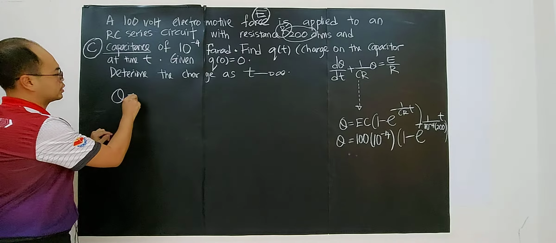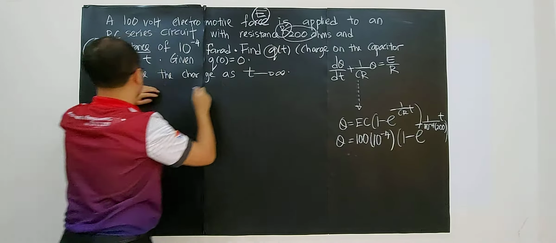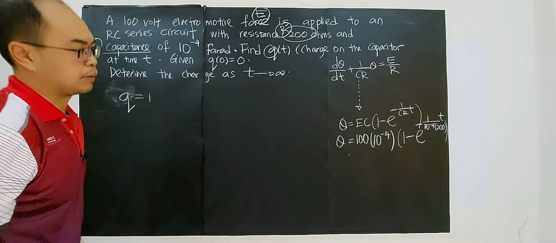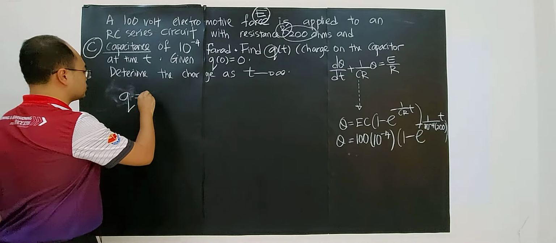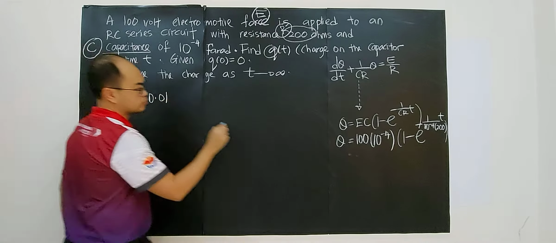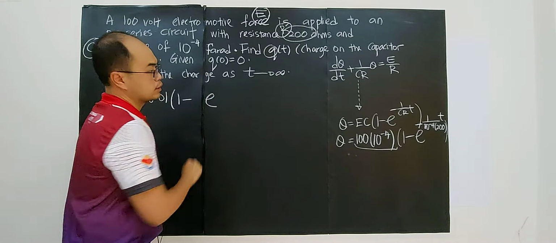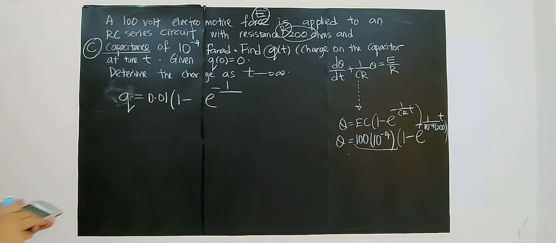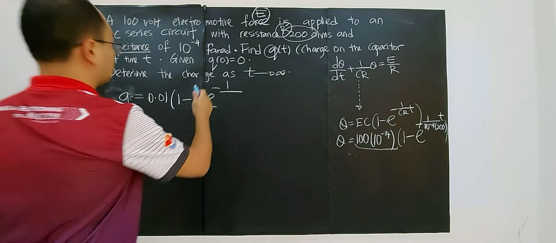Then you know that q, the charge, using the small letter q, equals 100 times 10 to the power of negative 4, which is 0.01, multiplied by 1 minus e to the negative 1 over 10 to the power of negative 4 times 200.